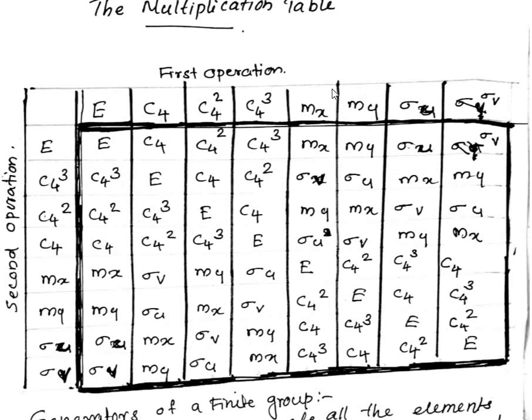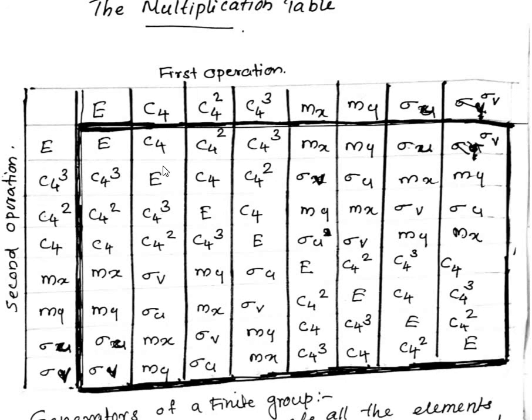So you have to do all the operations and find out what the product is. When we do this operation, c4 first, you have to do the c4 operation, then you have to do the c4 cube. You will get this element by doing the operations c4 cube c4.